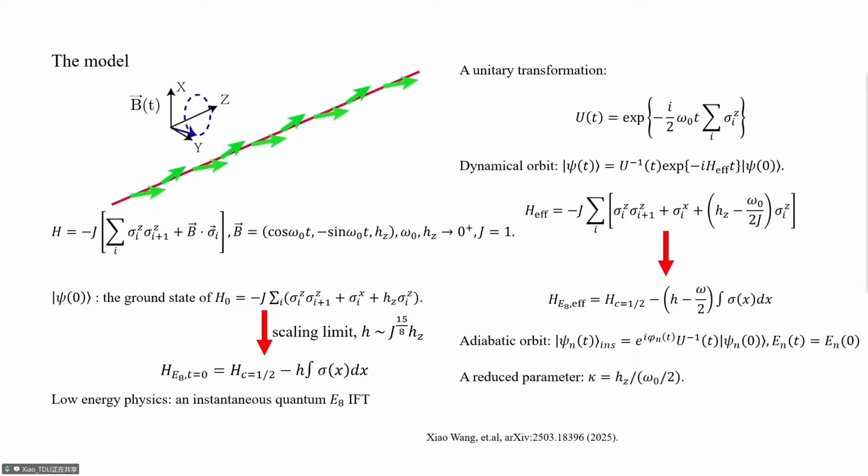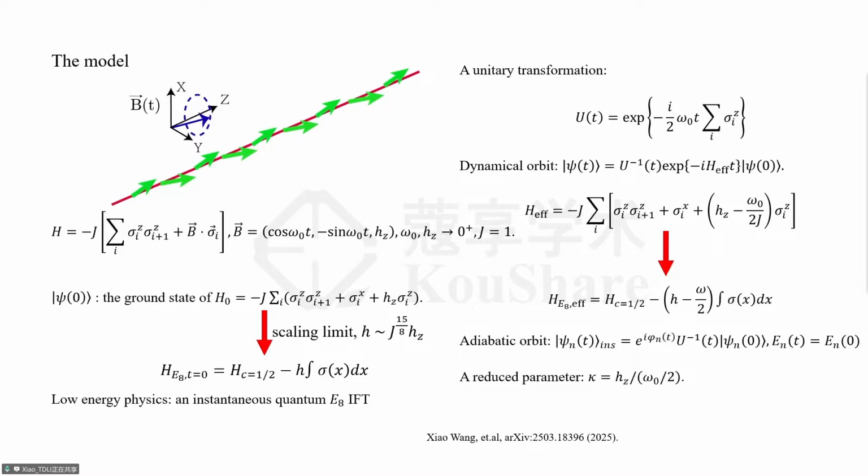So there will be a competition between the initial gap and the rotating frequency omega 0. So you will think about whether the ground state will be able to tunnel to the higher excited energy states, whether the time evolution is adiabatic, or there will be many other tunneling processes happening in the system.